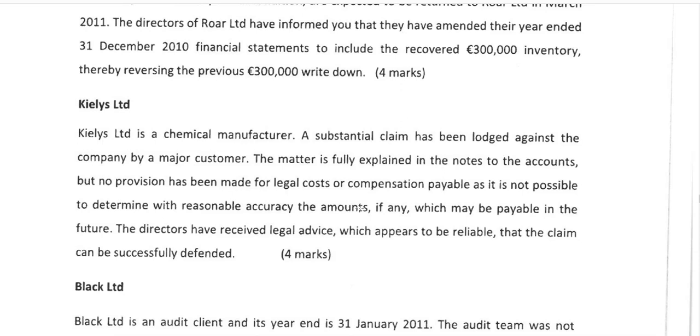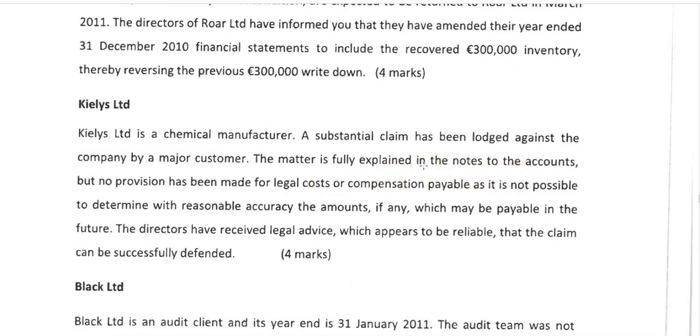So to answer this question, you'd have to explain the issue here is about should a provision have been recognized, and it wasn't possible to recognize the provision because it didn't meet the probable criteria or the ability to estimate the amount with accuracy. So therefore, the company have done the right thing and explained the matter in the notes to the accounts.